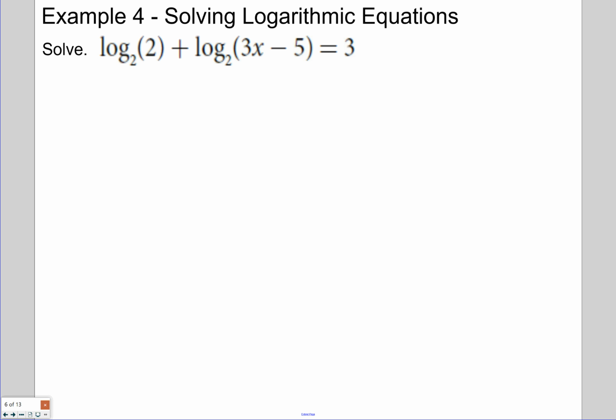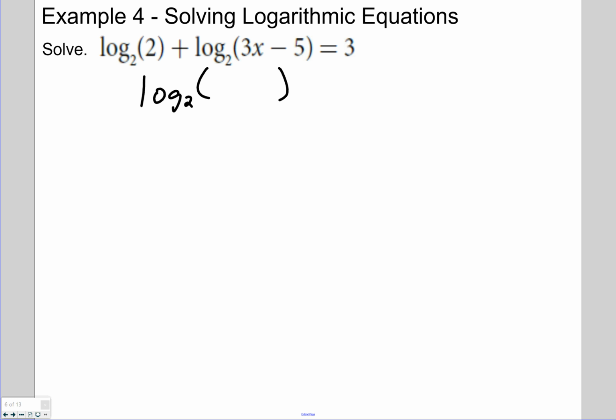Jace just read for us log base 2 of 2 plus log base 2 of 3x minus 5. When I see addition of two logs of the same base, I think what? Multiplication. So let's have the log base 2. Yesenia, what are you going to write for the new argument? She doesn't know. Who knows? What's the new argument? Yes, Susanna? 2.